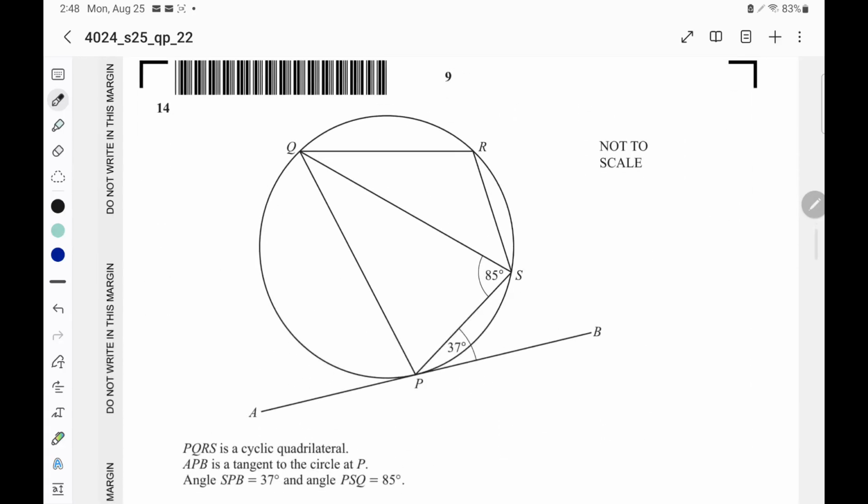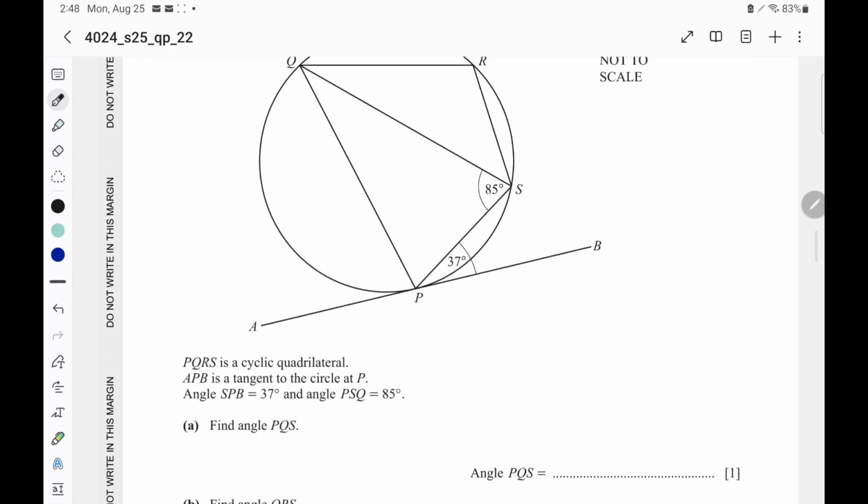Go to question number 14, angle properties of circles. We can see a tangent is there, and you can have a cyclic quadrilateral here. So if a tangent is there, then angles in the alternate segments can also be possible. Okay, there is no parallel line shown. PQRS is a cyclic quadrilateral.